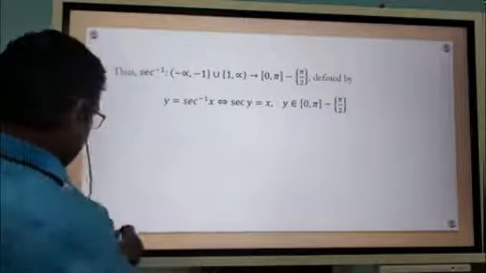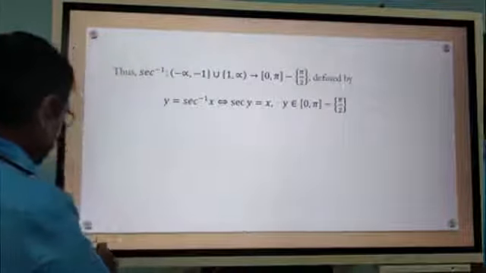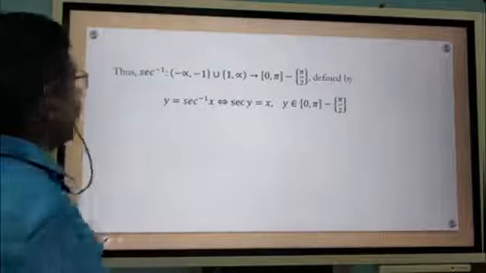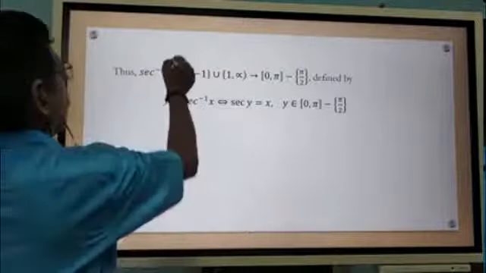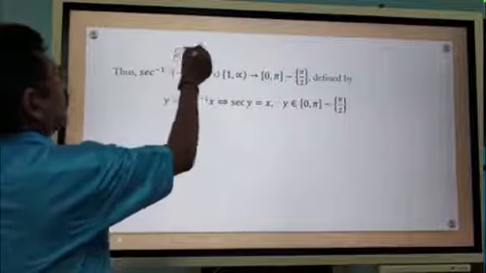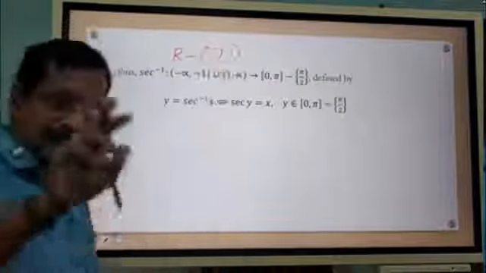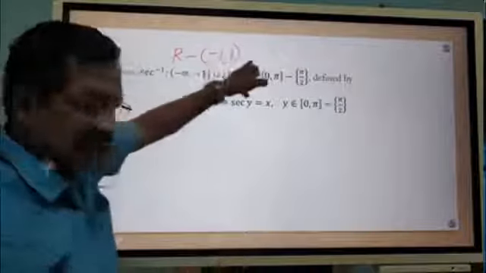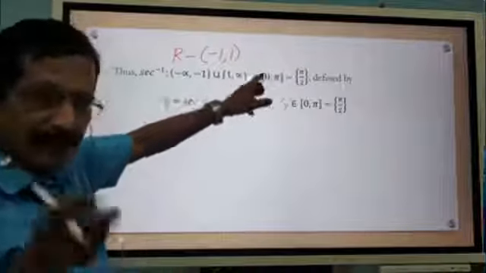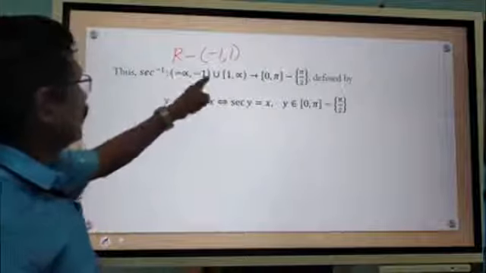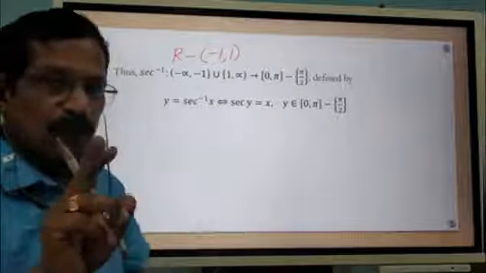When we were discussing the graph, we wrote R minus the open interval (-1, 1). It can be written as minus infinity to minus 1 union 1 to infinity.